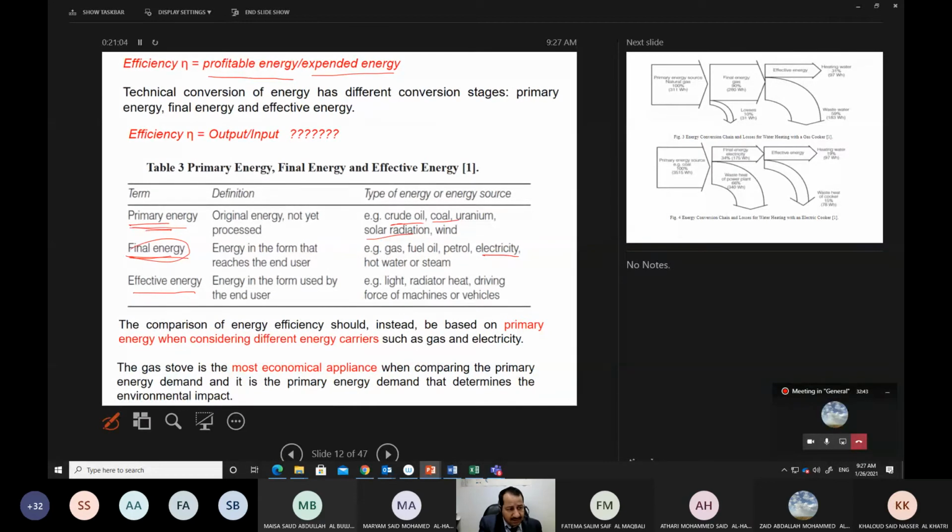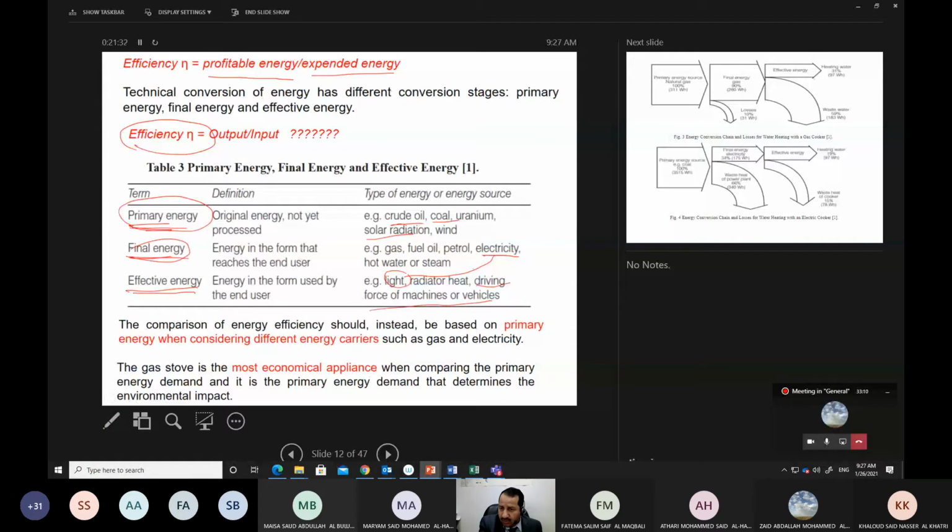And last is the effective energy. Effective energy is the one used by the user. As an example, I use the electricity to produce light, or to drive the force of a machine or a vehicle in the industry. So when you calculate the efficiency, you need to deal with the primary energy, so your calculation will be correct.